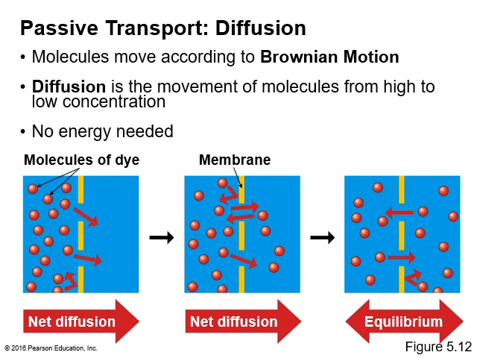So one type of movement along a membrane is what's known as passive transport, otherwise known as diffusion. This has to do with the fact that molecules will move around randomly according to what's known as Brownian motion. And with certain types of particles, you can actually see this under a microscope.